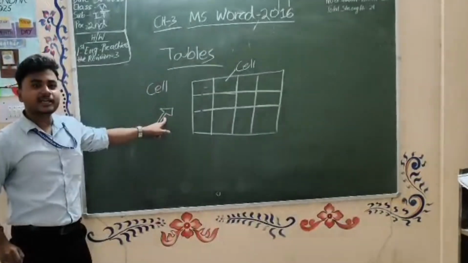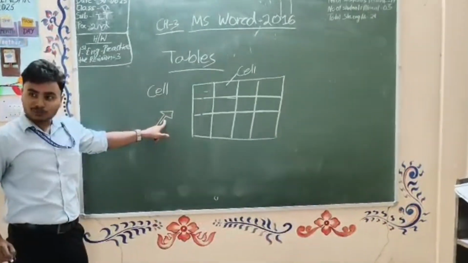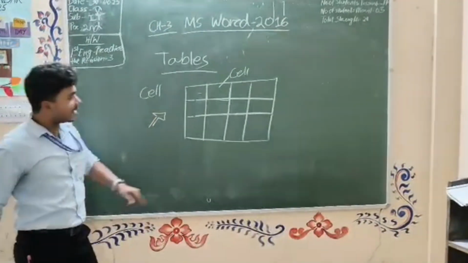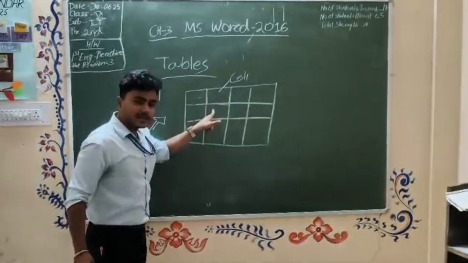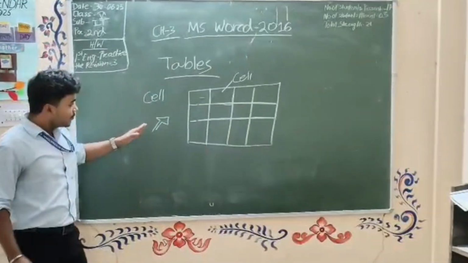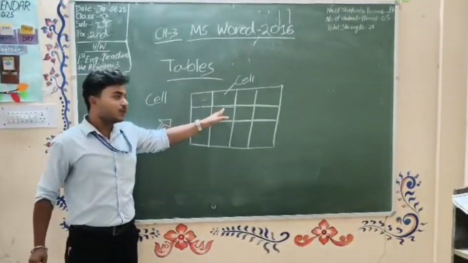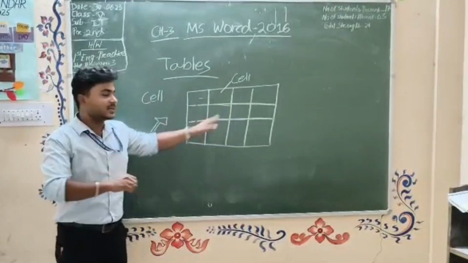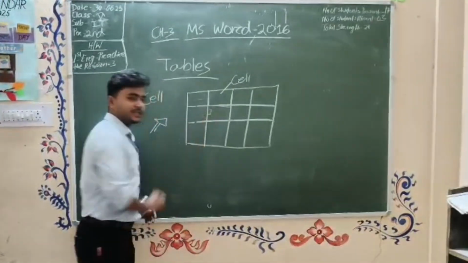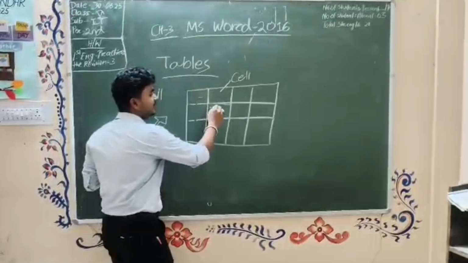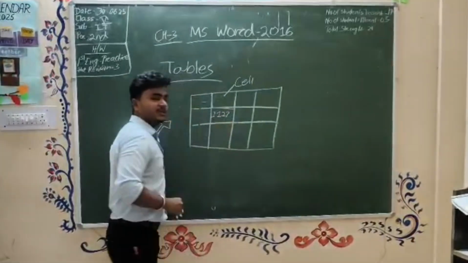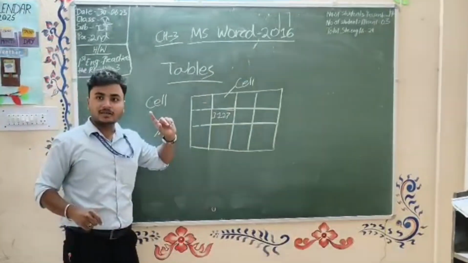This arrow symbol is your mouse pointer. If I want to enter data here, move the mouse pointer onto the cell and left click. Then the cursor appears here. Whatever you write, 1, 2, 3, the data is entered.